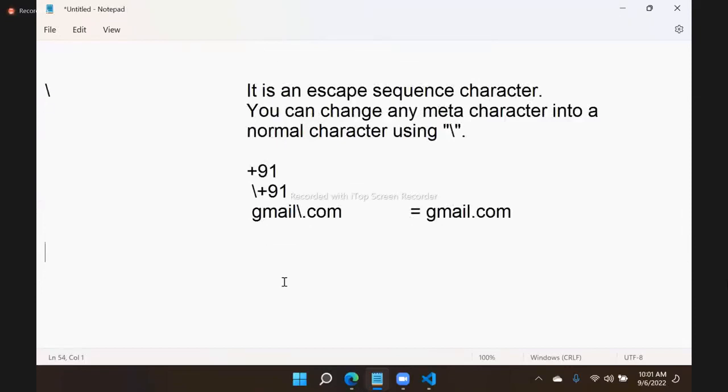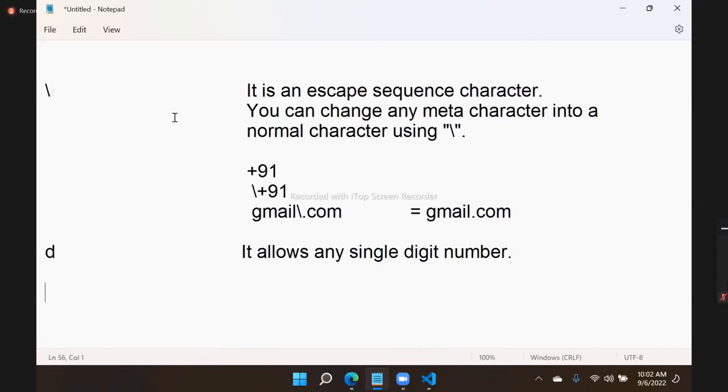Another important one is slash D. It allows any single digit number. But actually D means the character D. If I type D directly, it thinks it is the character D. But our intention here is different.